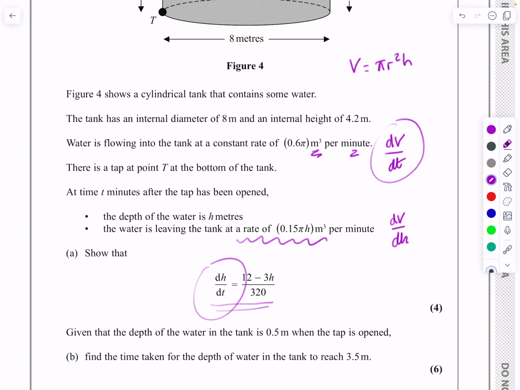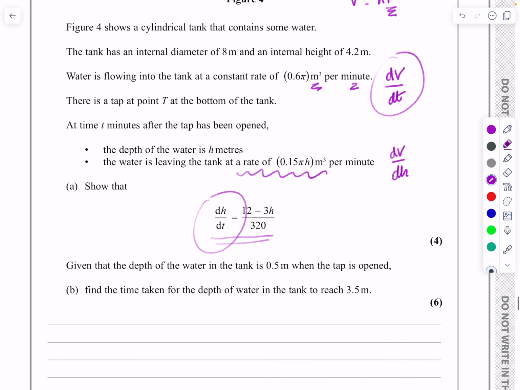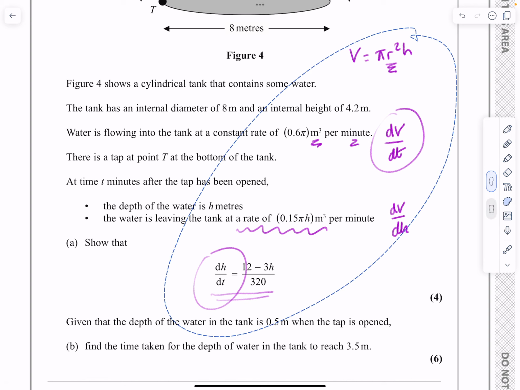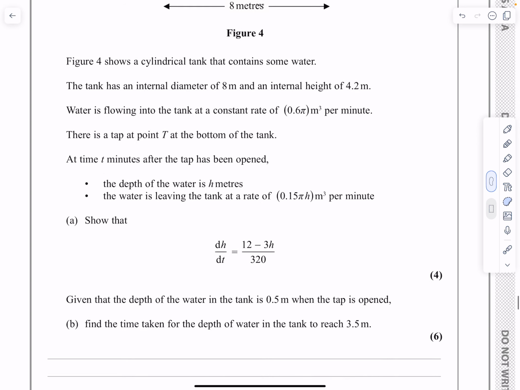Now, I want to get dV by dH, so I need to not have r in there. There are lots of different ways on these questions that they get rid of r, but in this particular case, it's simply the fact that r is equal to 4 because the diameter is equal to 8 there. Okay, having said all of that then, let's actually make a start with the question.